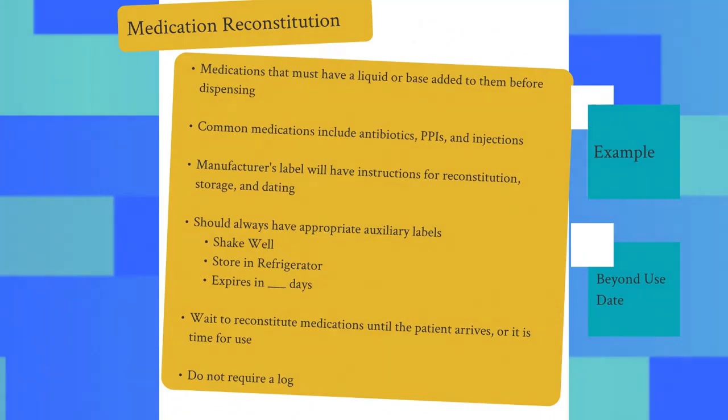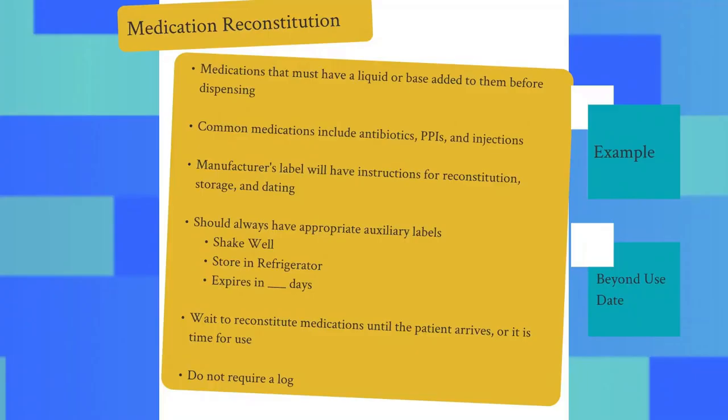Moving on to medication reconstitution. Medications that must have a liquid or base added to them before dispensing are considered those that need to be reconstituted. Common medications that require reconstitution include antibiotics, PPIs, and injections. The manufacturer's label will have instructions for the reconstitution, the storage, as well as the dating of the medication.